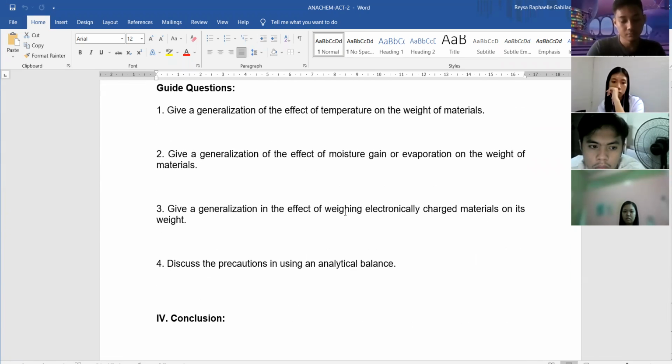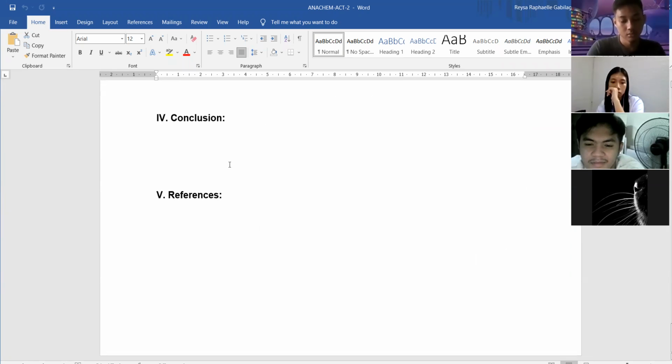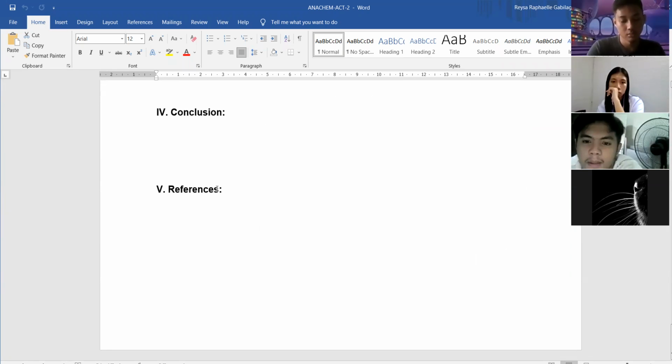Medyo mahaba-haba ito na activity. And then lastly, you will have to give your conclusion and the list of references. So just like with the other activities and also last time natin na activities, you can print the activity but your answers should be handwritten.